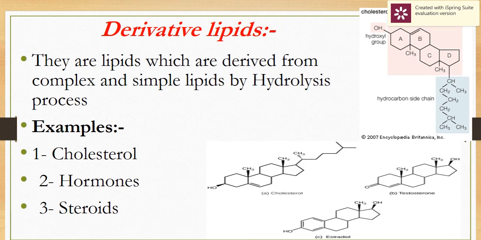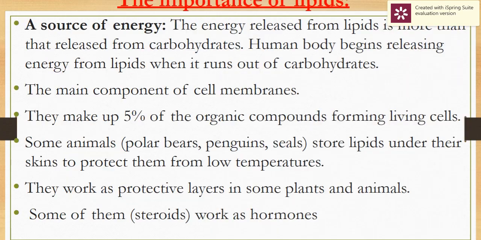The lipids have a property: they are soluble in non-polar solvents and insoluble in water. Any lipid cannot dissolve in a polar solvent like water, but they can dissolve in non-polar solvents like carbon tetrachloride or benzene.